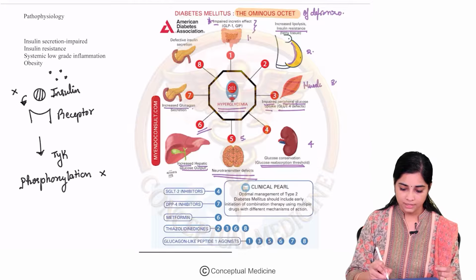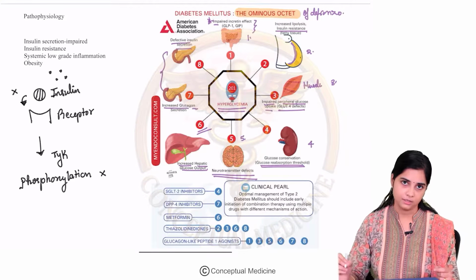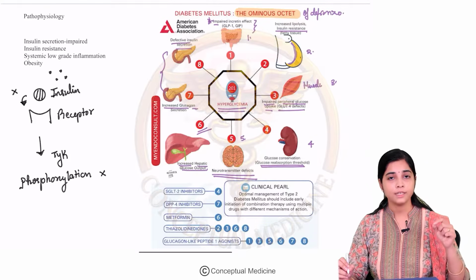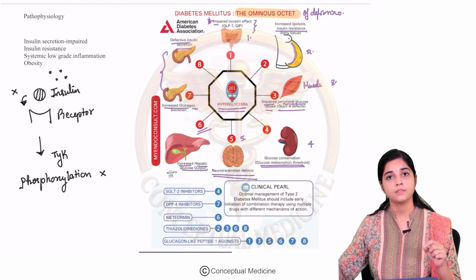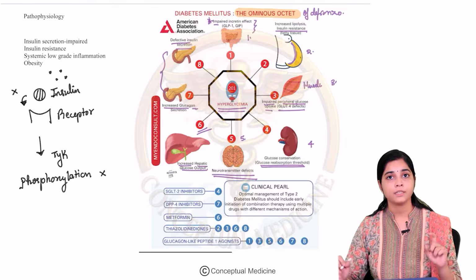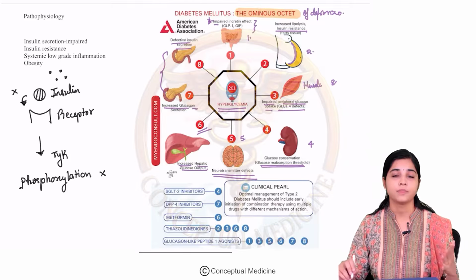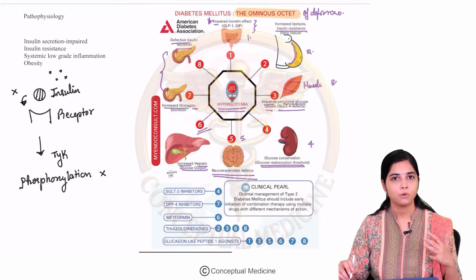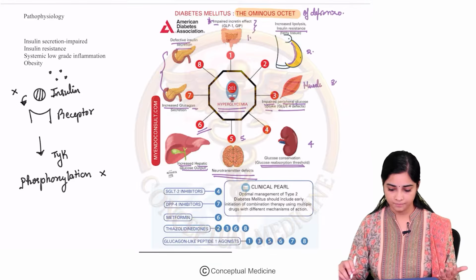Then there can be increased glucagon and decreased insulin secretion from the pancreas. We have looked at how there can be a problem with how insulin acts in the periphery, but there can be a problem in the pancreas as well. There is increased glucagon and impaired insulin, so the glucose levels increase.